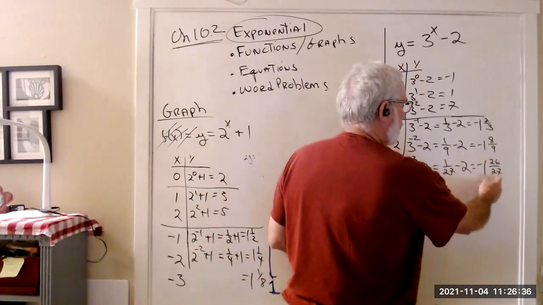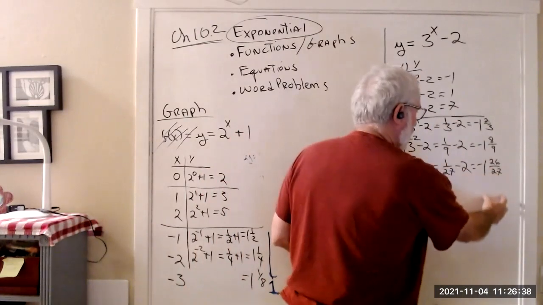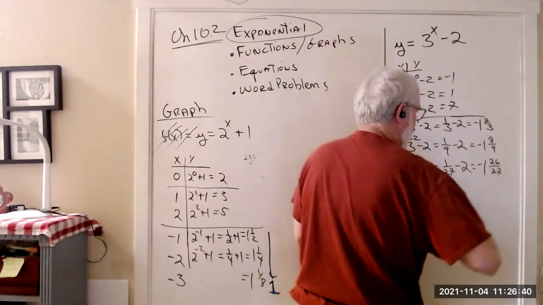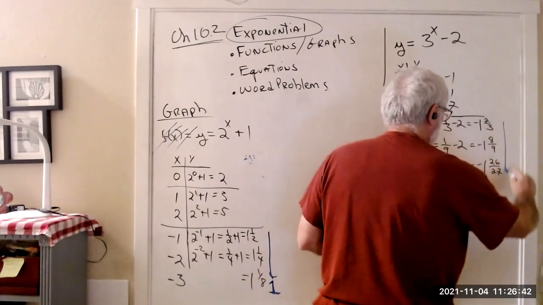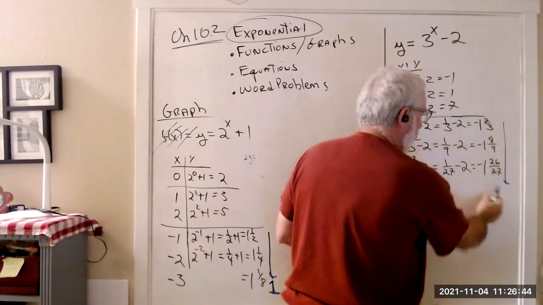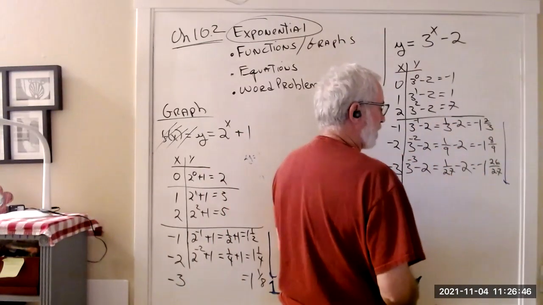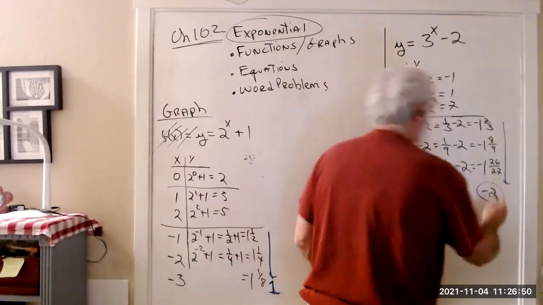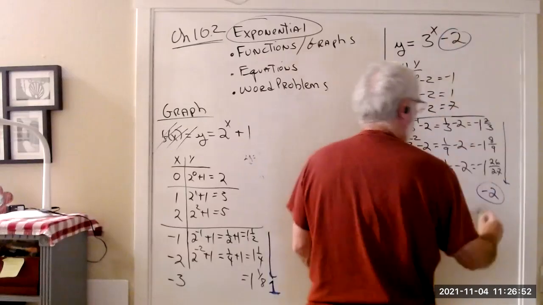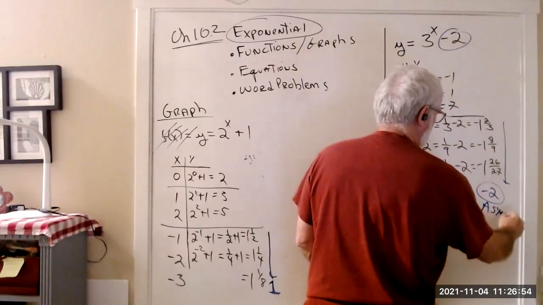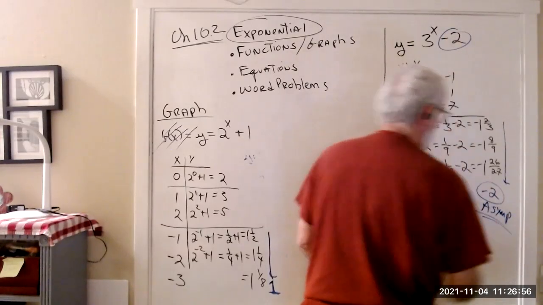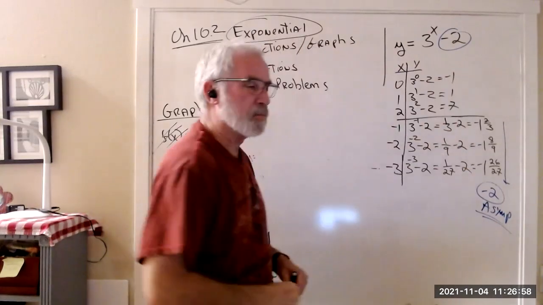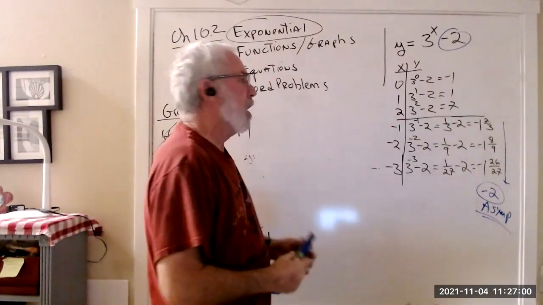If we keep going down, what are the y values approaching? Negative 2. Asymptote. Okay, they're approaching negative 2.